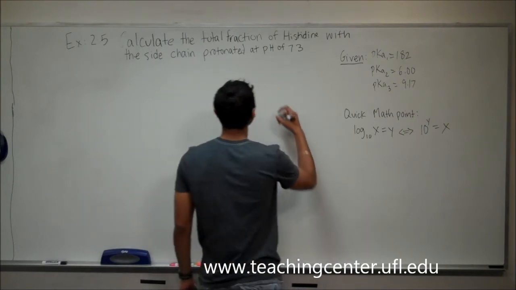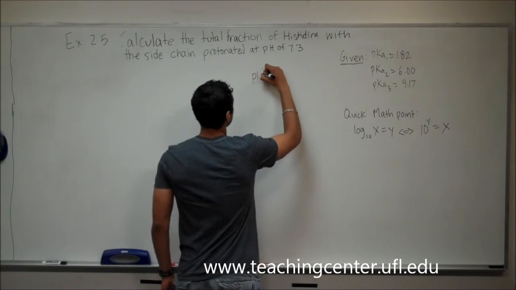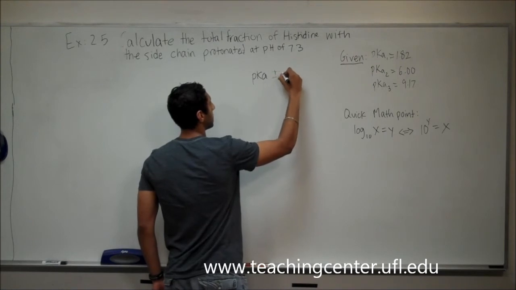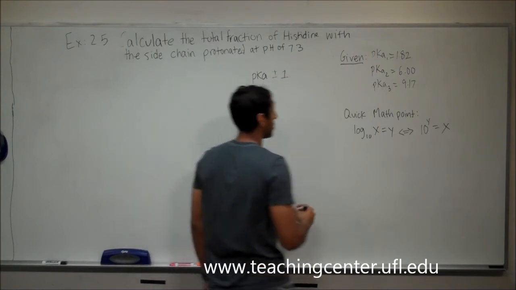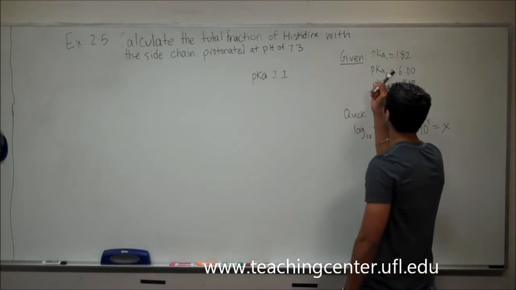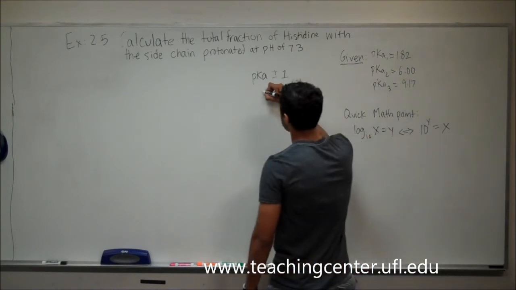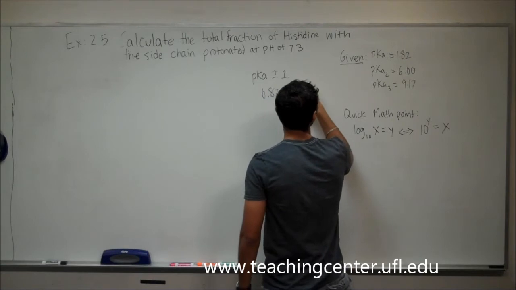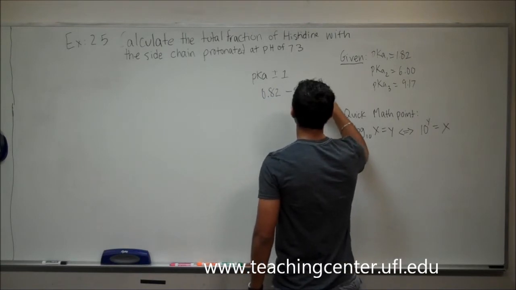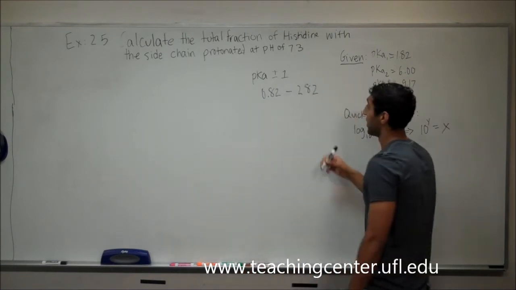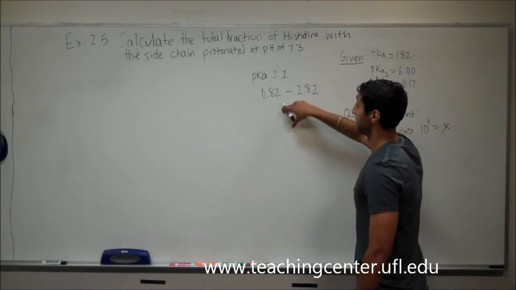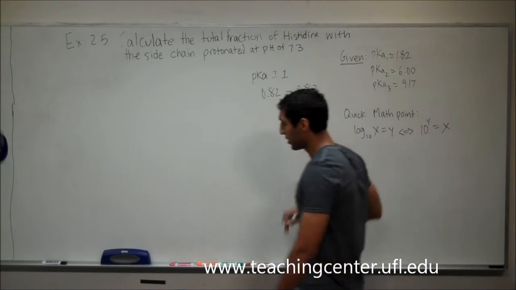The way you can usually figure this out is by taking a pKa and adding and subtracting 1 from it. For example, let's take a pKa of 1. We find that it has a buffering capacity of 0.82 to 2.82. That's nowhere near the functional group we need, since we're working at a pH of 7.